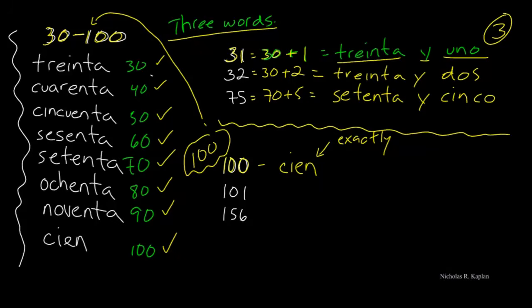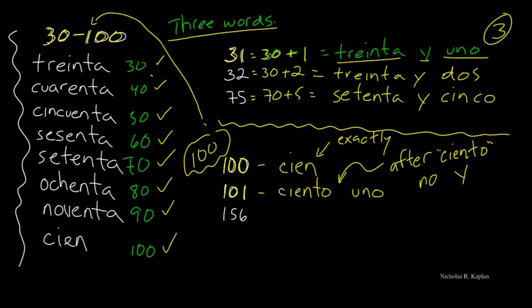But when we get past 100, we're going to use the word ciento instead. So 101 is 101. But if you notice, after the word ciento, we don't use an E. So we have 101, but we wouldn't write that E in there.